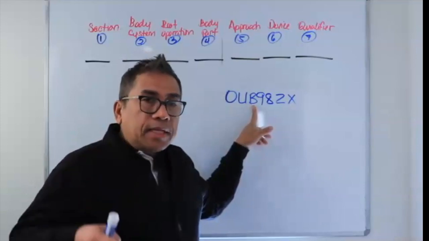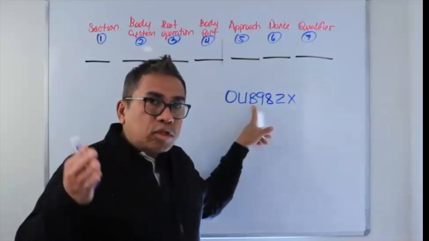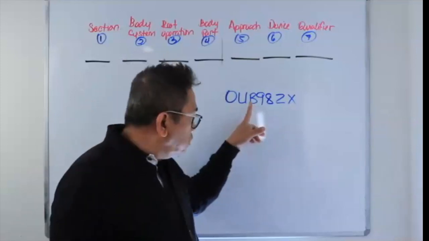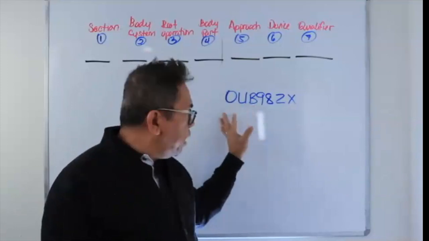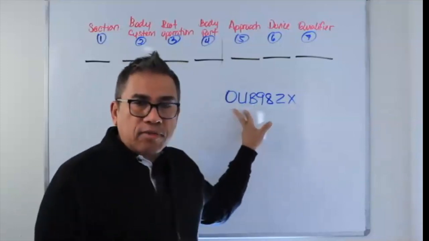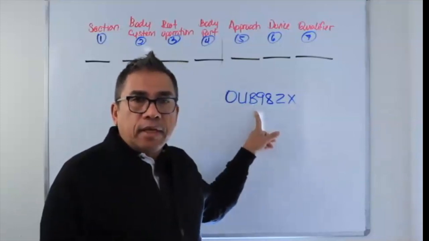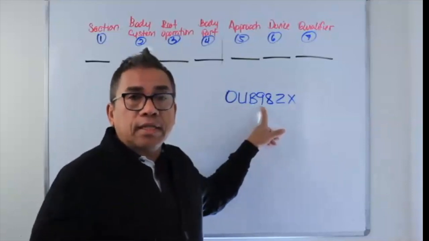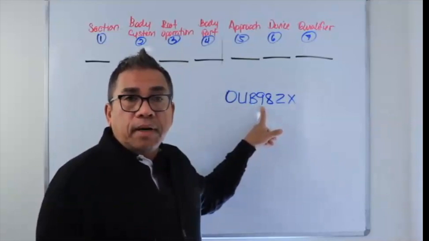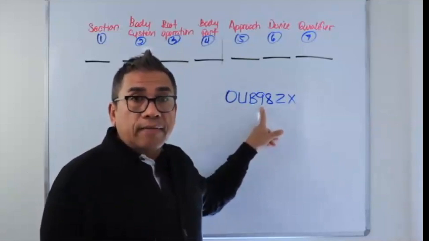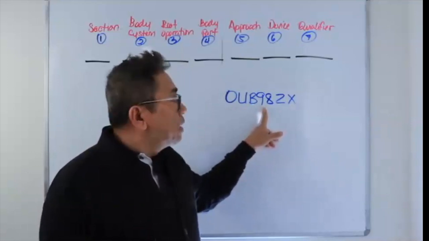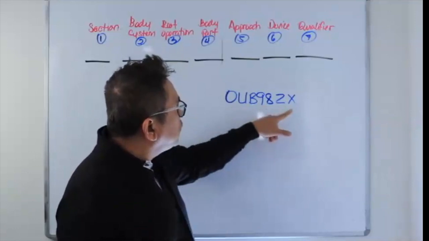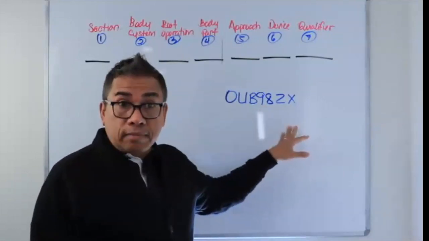Let me repeat, if the root operation is excision, the third character is always B. That's why I know at least the first three characters are correct. Now, the body part, when you look at the root operation and the body part, the book gave 9. This is the uterus. The rest of the code, 8ZX, I know is correct, right?